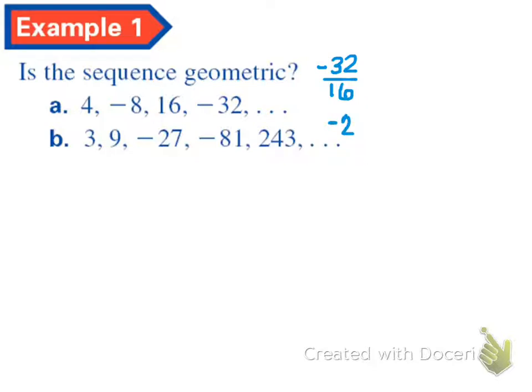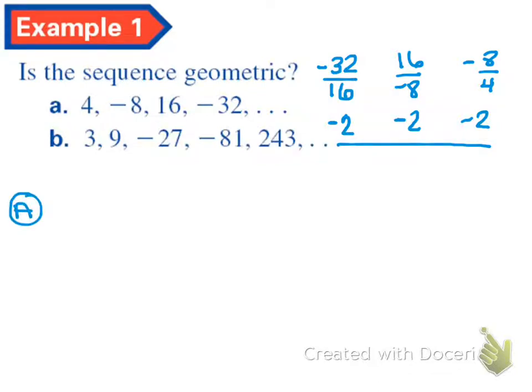Do the same thing with the next term, 16 divided by its previous term. And again, we have a ratio of negative 2. Take the next term, negative 8, and divide it by its previous term. And again, we have a ratio of negative 2. Since there is a constant ratio of negative 2, then we can say in A, yes, we have a geometric sequence with a common ratio of negative 2.